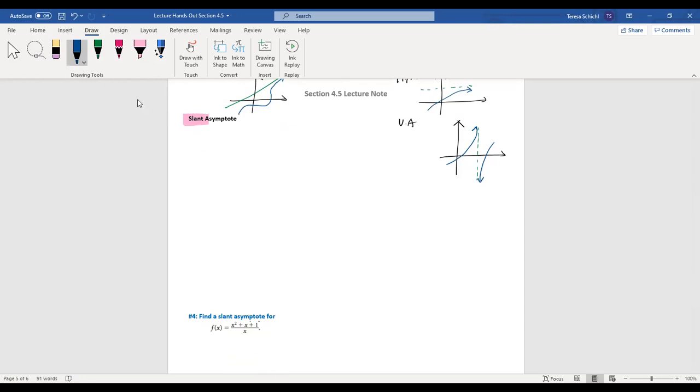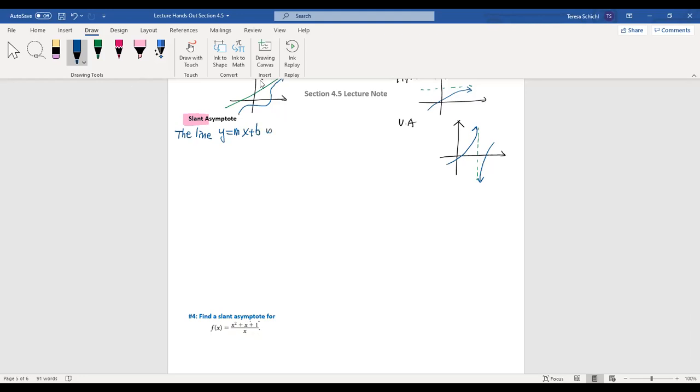We know the slant asymptote is a line that your graph approaches. Let's write down the definition. We use the line y equals mx plus b.